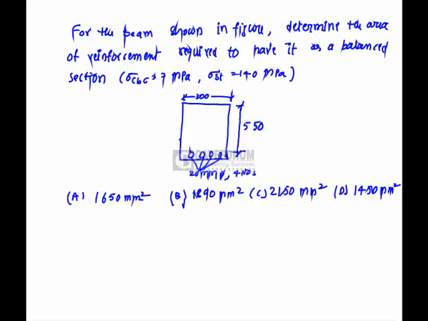For a beam shown in the figure, determine the area of reinforcement required to have it as a balanced section. Sigma CBC is given as 7 MPa, sigma ST is given as 140 MPa.